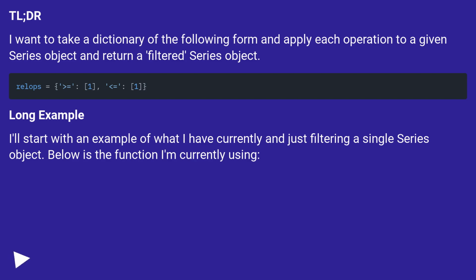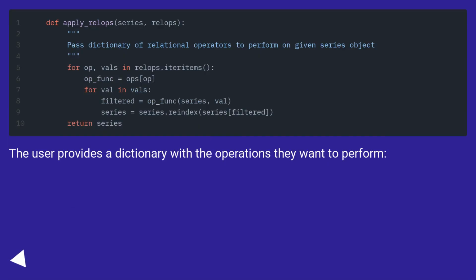Long example. I'll start with an example of what I have currently in just filtering a single series object. Below is the function I'm currently using. The user provides a dictionary with the operations they want to perform.